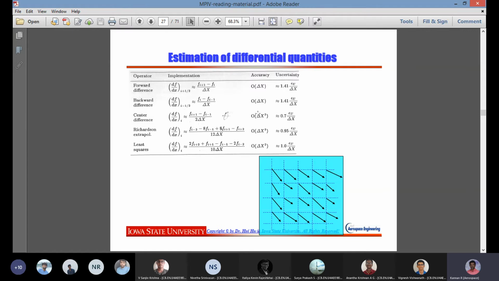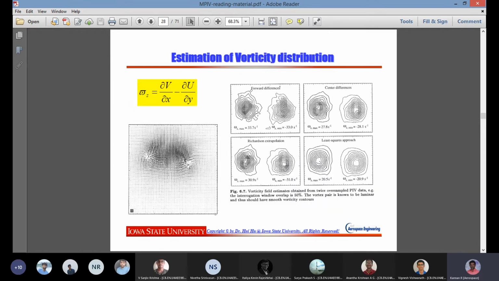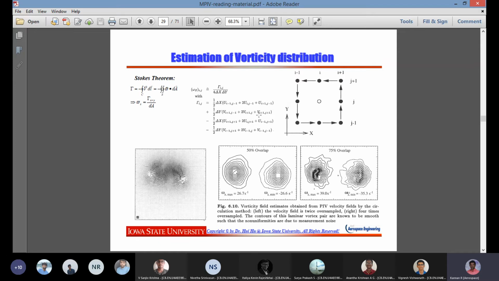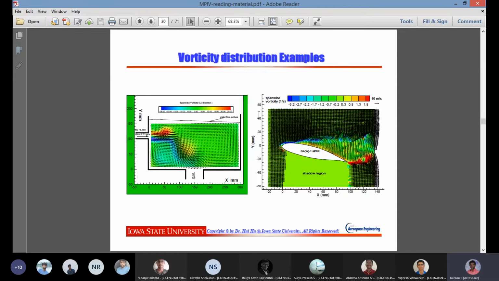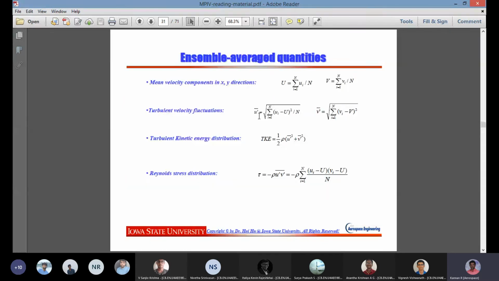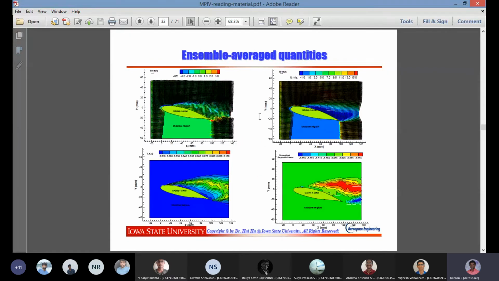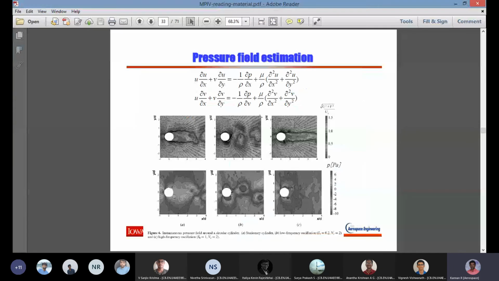From that you can estimate the properties, your vorticity distributions. You take your distribution, extract your velocity field, pressure field, everything you can estimate from there.